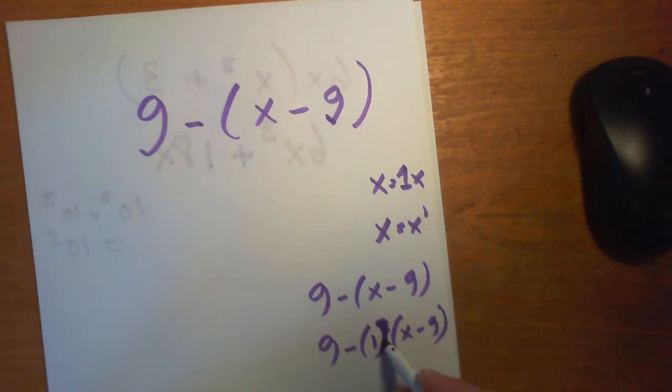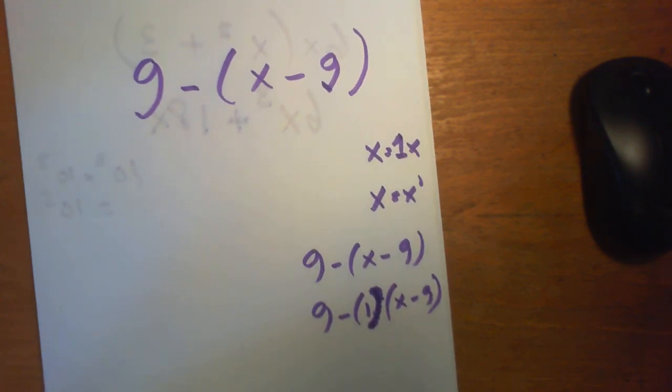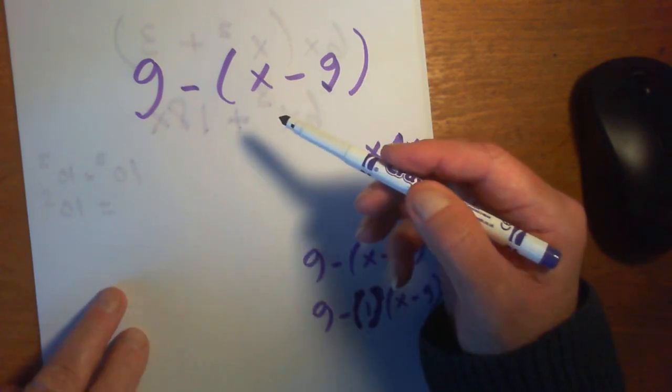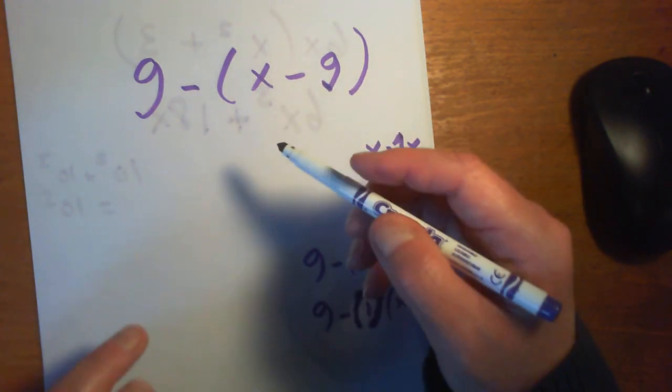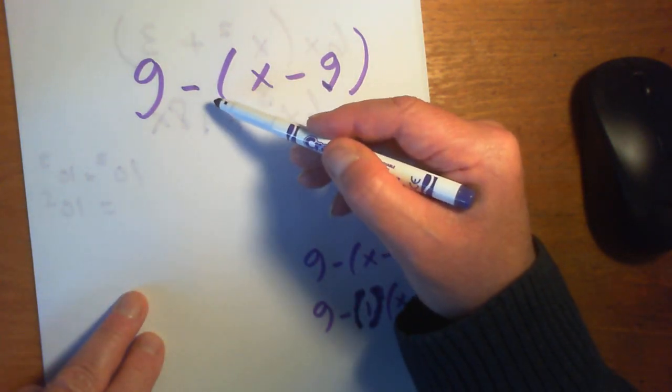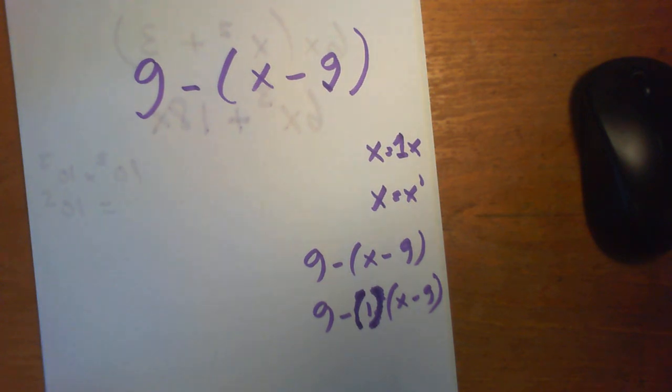So 9 minus x minus 9 is really 9 minus 1 times the bracket x minus 9. Sorry, I'm crossing that out again; I don't really need that there. Previously I had 2 or 3 or whatever it was, but there is really a 1 there, though by convention it is left out.